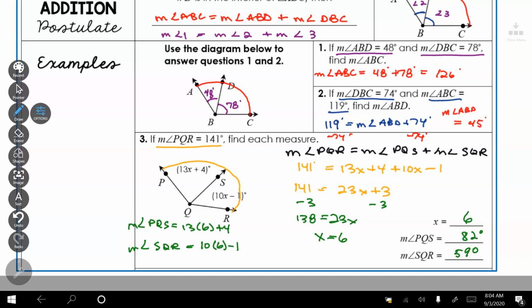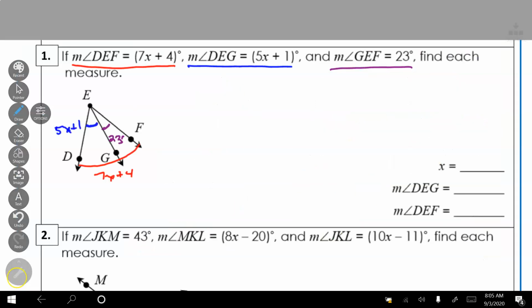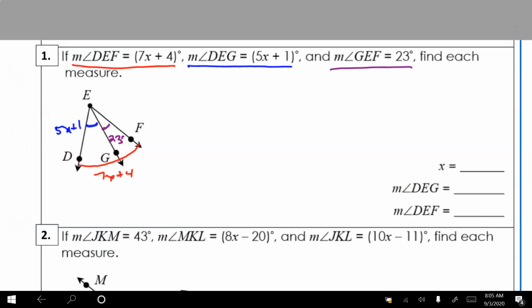And if you look at it carefully, 82 degrees plus 59 degrees will equal the grand total 141 degrees. So just like with segment addition, when I do this angle addition, I write on the diagram. I write in what I know and what I don't know, if they have variables or the actual values for everything. And then I can put my picture together.